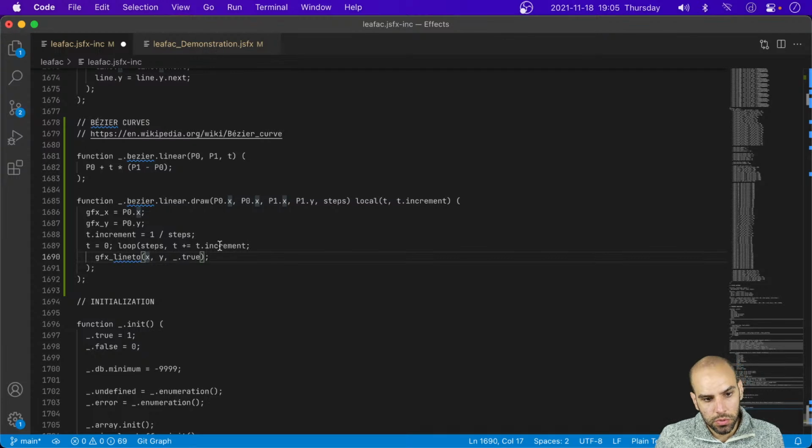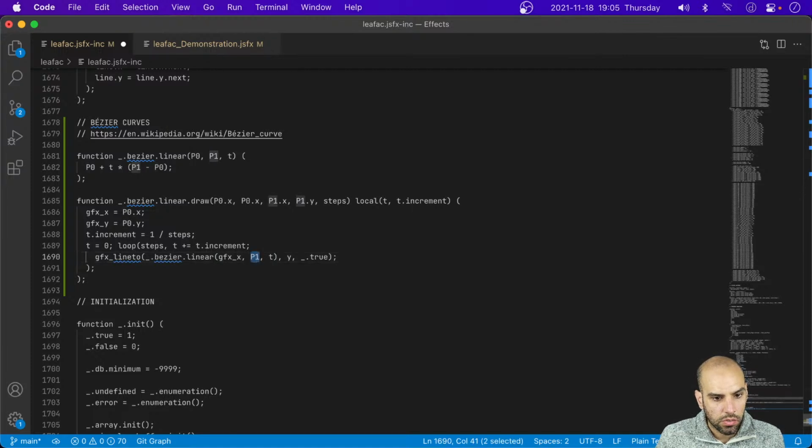We want to go to, on the y-axis, oh no, it's P0x and P1x. And the cool thing about line 2 is that it is going to update gfx x and gfx y.